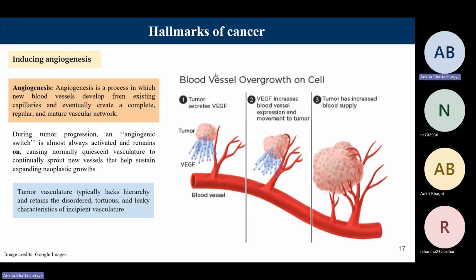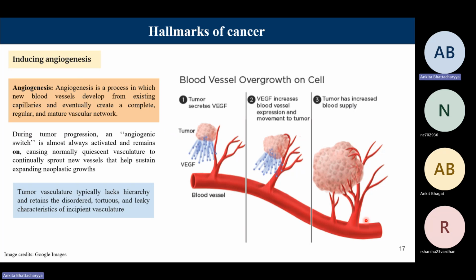And there's the activation of an angiogenic switch, which occurs during this process of tumor progression. It remains on. It causes normally quiescent vasculature to very randomly form blood vessels, and these are not formed in a regulated, organized manner. Instead, what happens is this sort of abnormal sprouting of blood vessels, like you can see that it has formed in a way that it just supplies blood and oxygen via blood basically to the tumor.